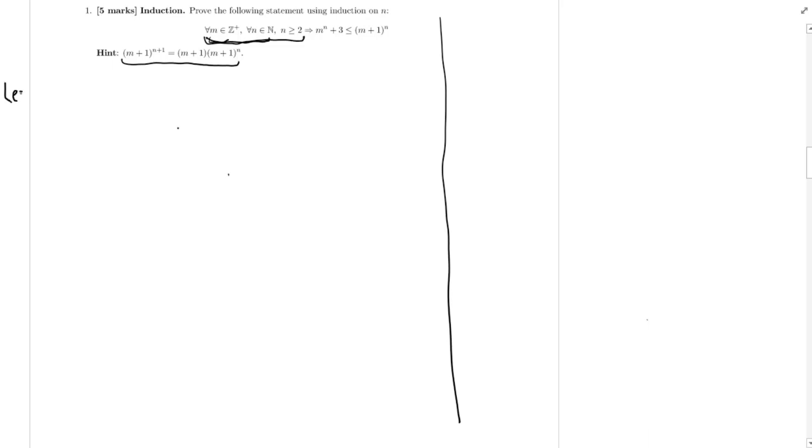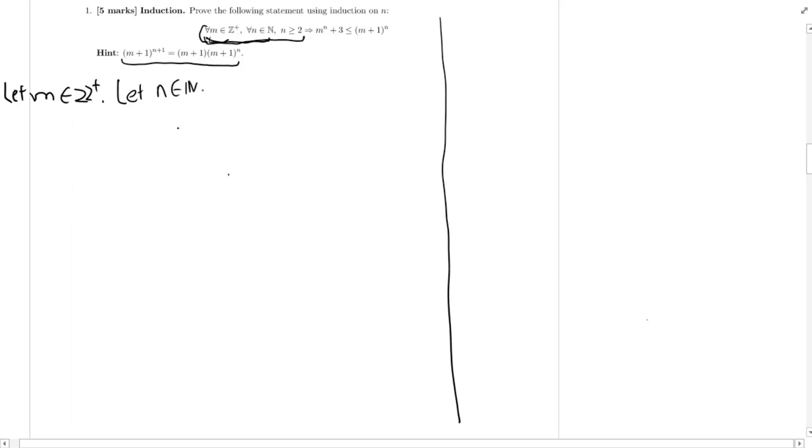We have this thing here, so let m be a positive integer. Next we let n be a natural number, and assume that n is larger than or equal to 2. Then we define a predicate because predicates often help simplify things a little bit.